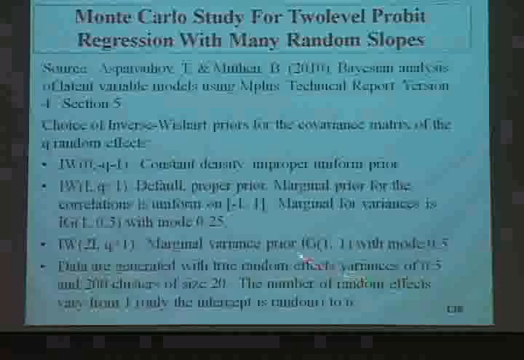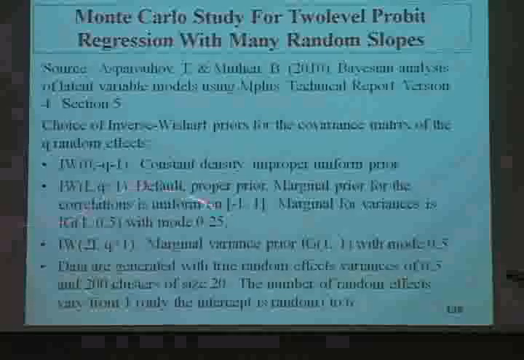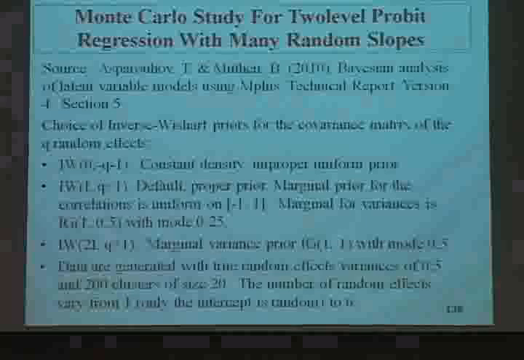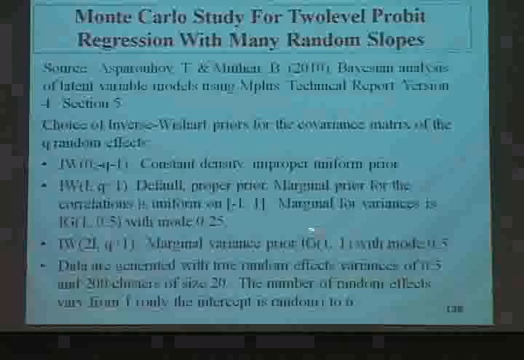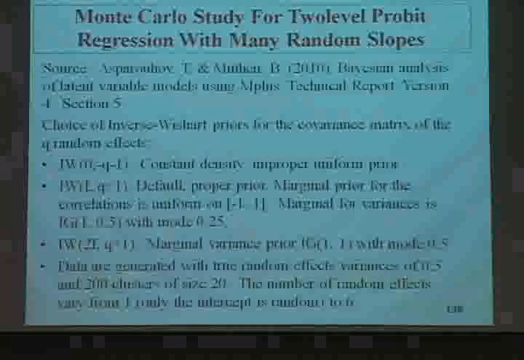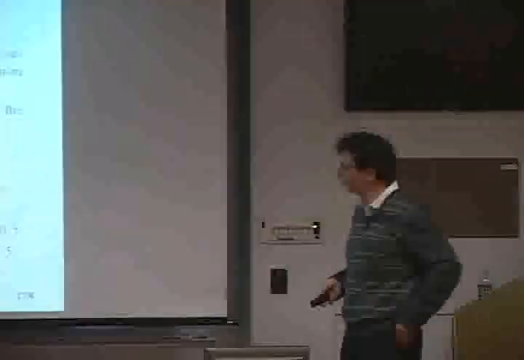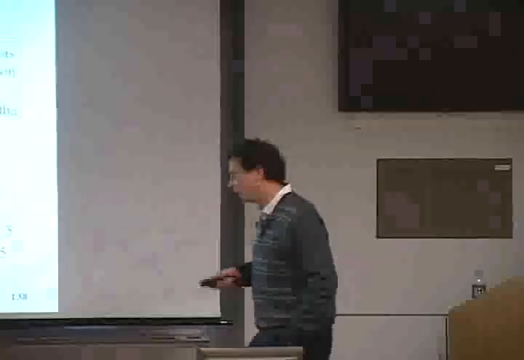In these papers, we have simple formulas that tell you how this is computed. Also in Tech 1, the technical appendix in Mplus, this is computed for you. So the priors are reported: the prior means, the prior variances, and the mode are reported in the output.